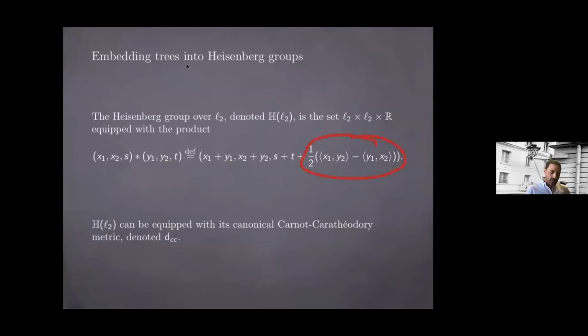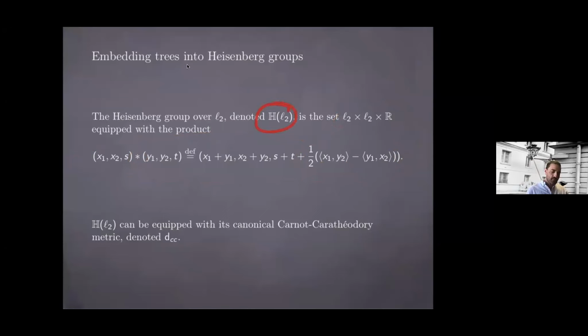Now, if you introduce this term here, which is the scalar product between vectors, then this group operation becomes non-commutative, okay? So you have non-commutativity. And this non-commutativity is going to make a lot of difference in the geometric behavior of a metric that you can put on this group, okay?